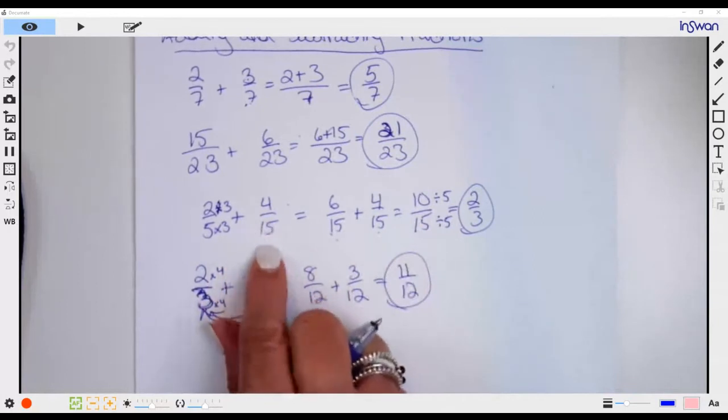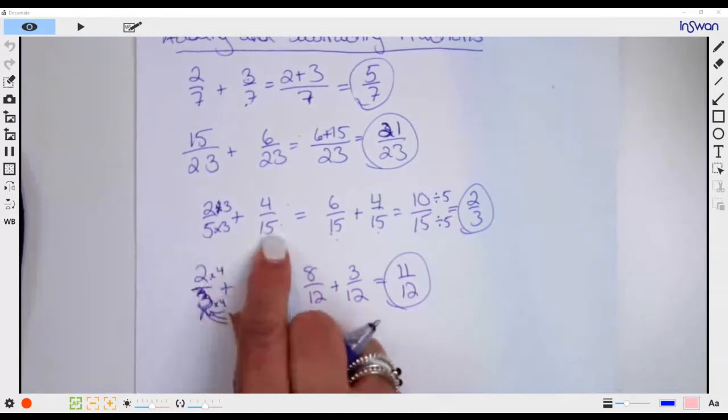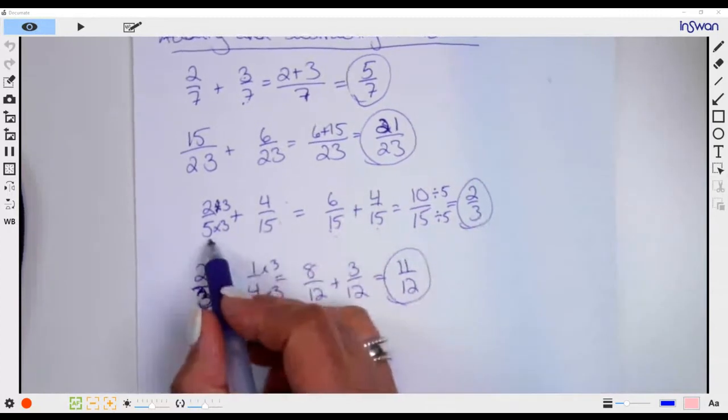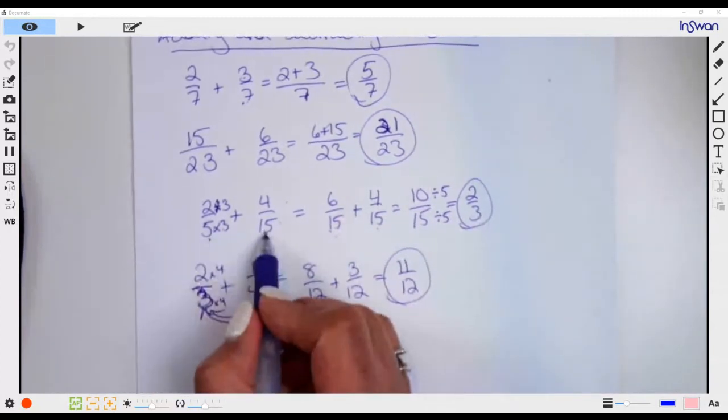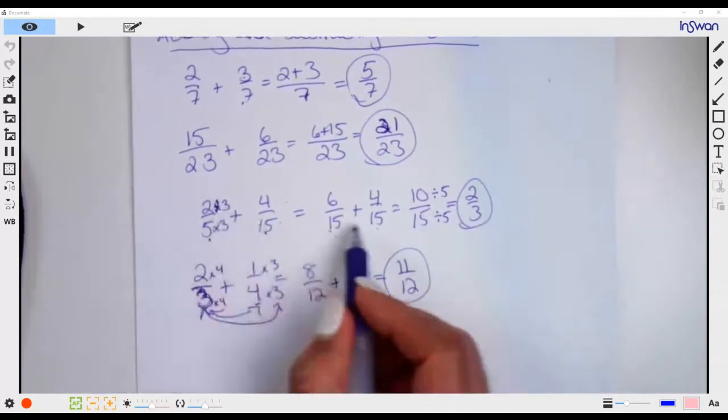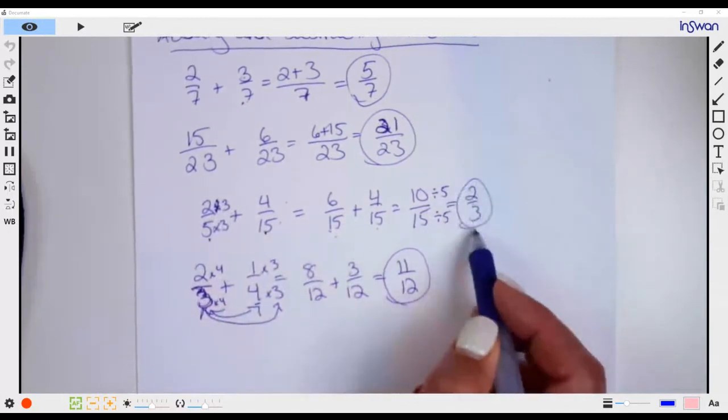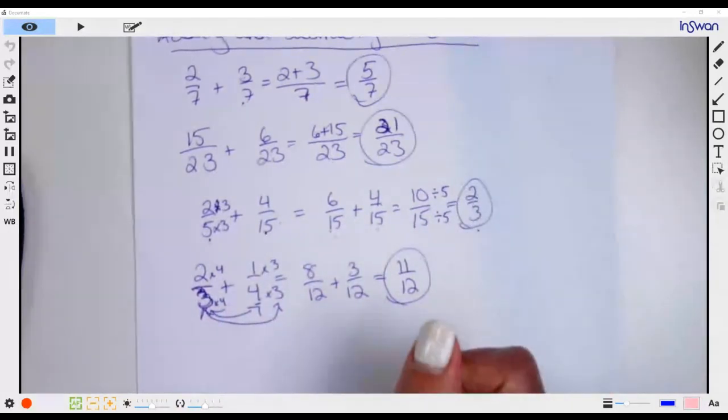So you want to find the smallest common denominator, but it's not wrong to do this one 5 times 15 and this one 15 times 5. You would just have to simplify it all the way down to 2/3.